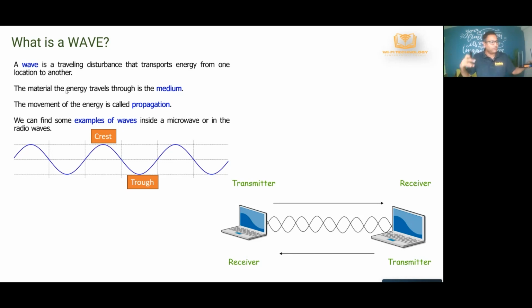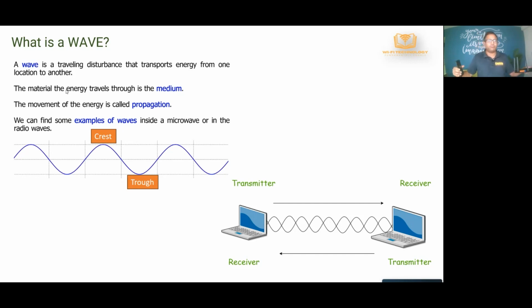So the energy is being transmitted in the form of a wave over the medium, which is air. Now, if I drop this access point and phone inside water and I'm sending signals from here to here, now the medium is water. The same signals are being propagated through water. Similarly, the medium can change, but the energy can be transmitted in the form of waves.